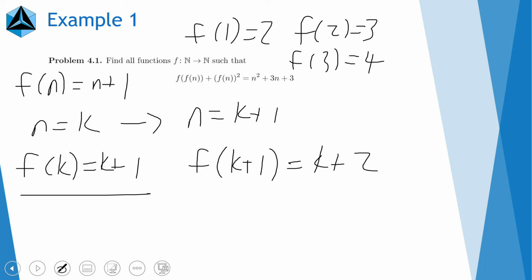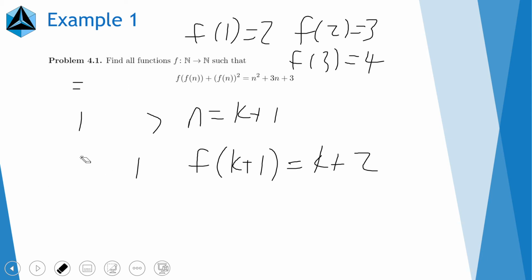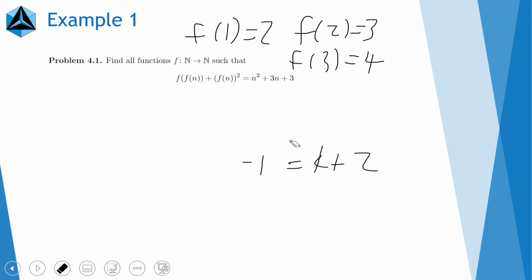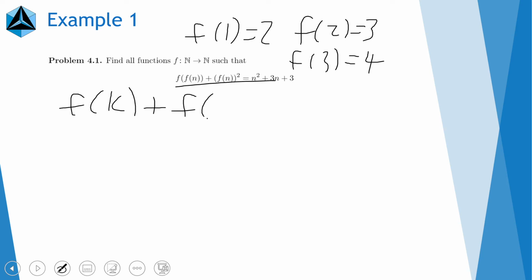How can we do that? We'll use this idea and just plug k into n in this functional equation. We'll have f of k plus f of, oh shoot, that should be a double f. f of f of k squared is equal to k squared plus 3k plus 3.